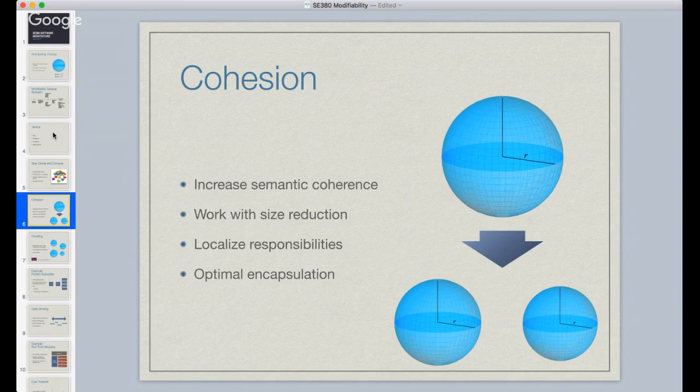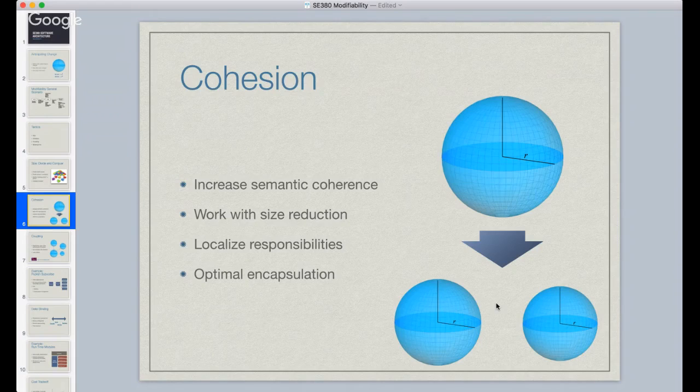Because what we find is, if I have a group of software that has two independent concepts in it, it's quite likely that if I change one, there's no relationship to the other. So that whole module has changed, even though there are two groups of functions that really don't have anything to do with each other. And so what we try and do is divide the sphere into something that's a little more cohesive.